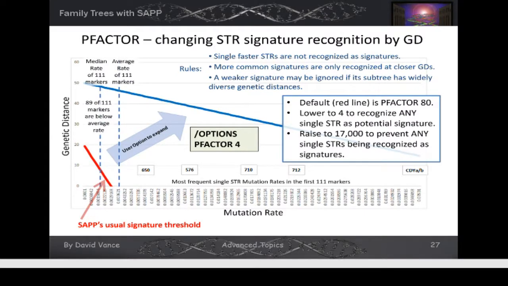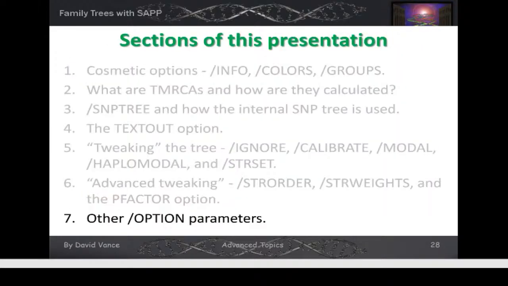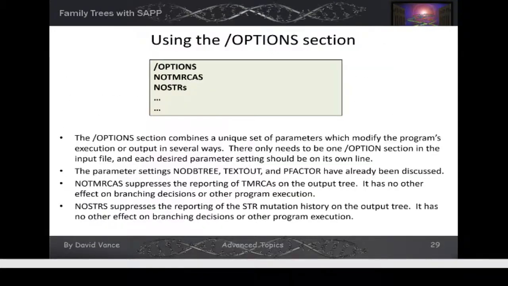Now that's really the last detailed or mathematically based option that I'm going to talk about in this presentation. The other things that I'll close with are just a few of the other /option parameters that you might want to use if you want to change how the tree is output.